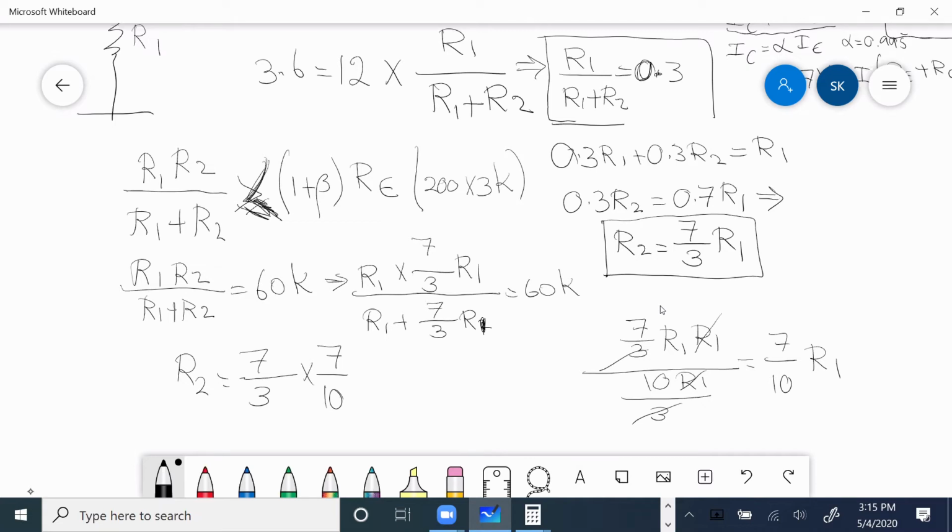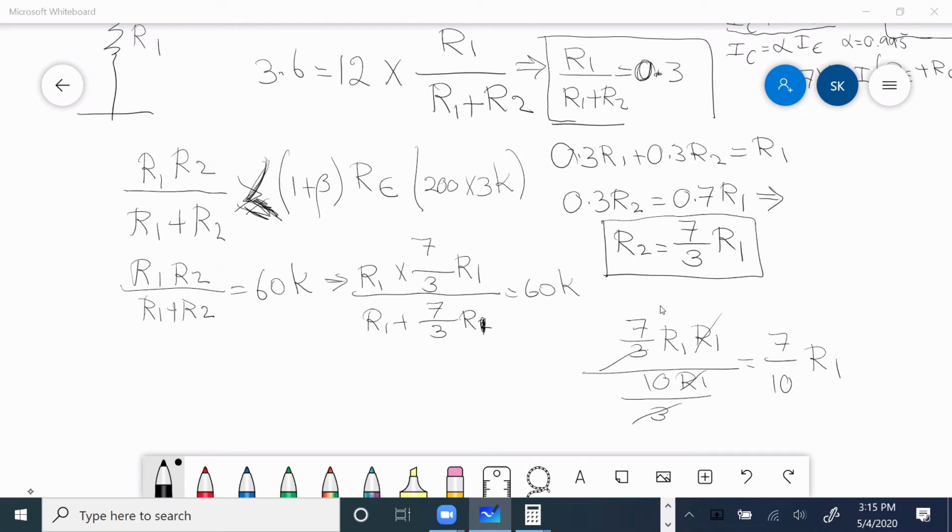I'm totally lost. I don't know what I'm doing. I think we should just solve for R1 first.